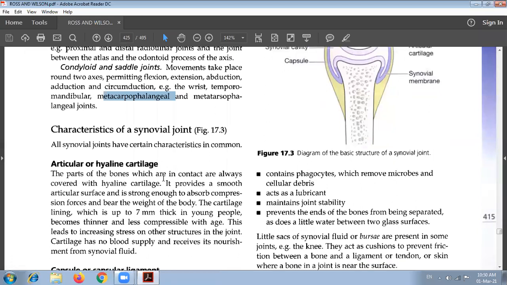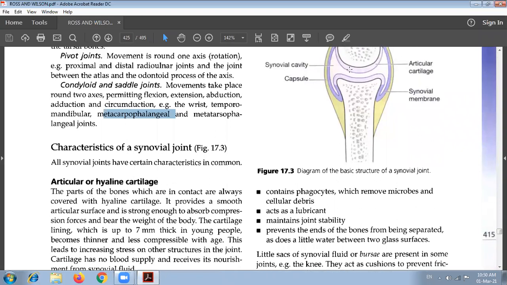The parts of the bones which are in contact are always covered with hyaline cartilage. Here you can see this is the hyaline cartilage which is present on these bone surfaces. This is again the hyaline cartilage inside our synovial cavity.